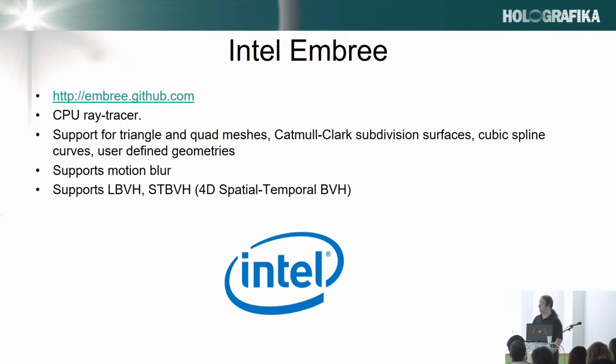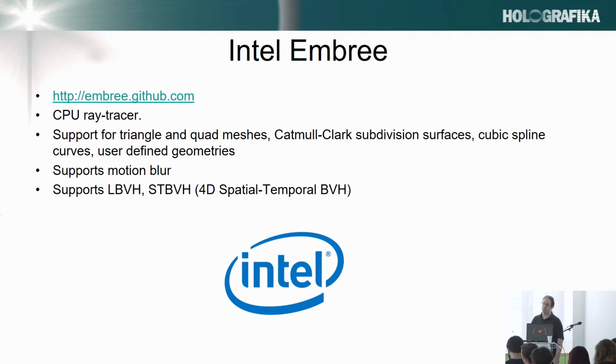Okay, what kind of acceleration libraries are available? Of course, we have many CPU accelerators for ray tracing. Maybe the best one is Intel Embree, which is a CPU ray tracer. It has support for all kinds of meshes, triangle and quad meshes, subdivision surfaces, cubic spline curves, and user-defined geometries.